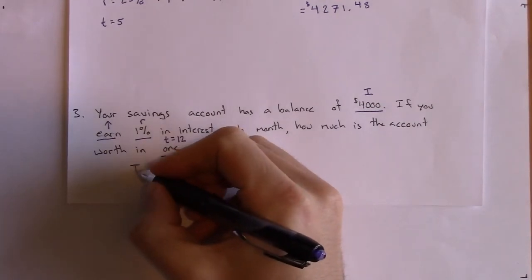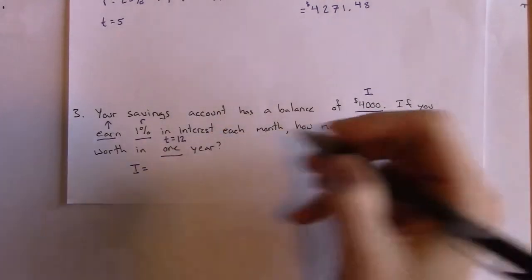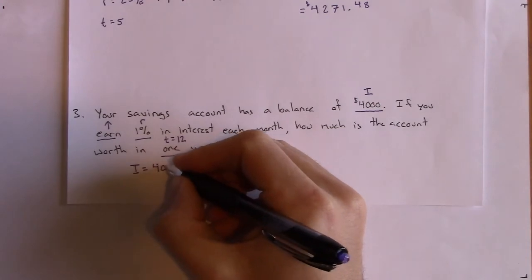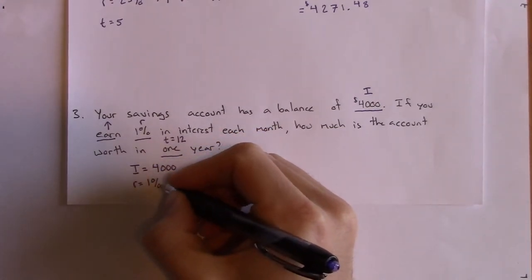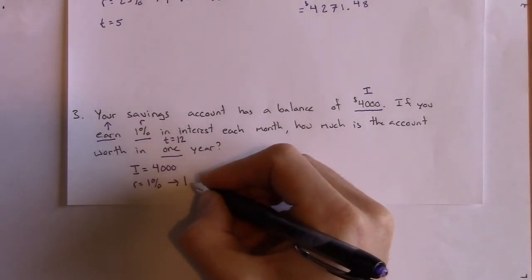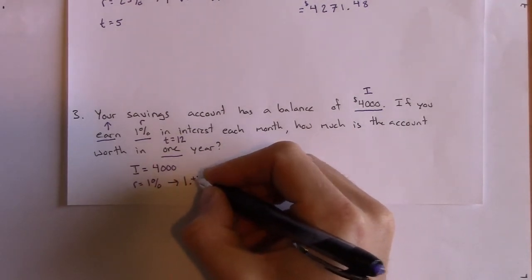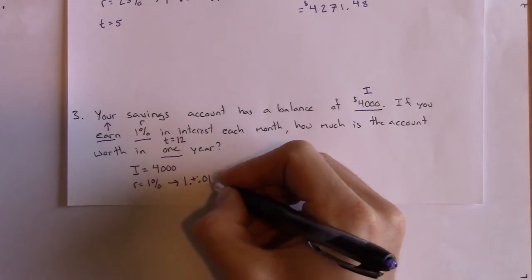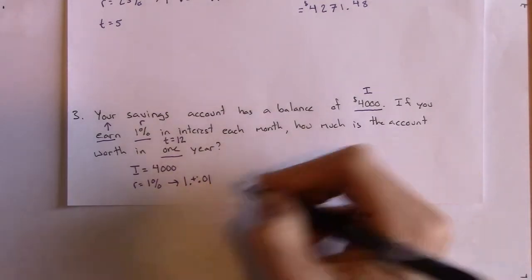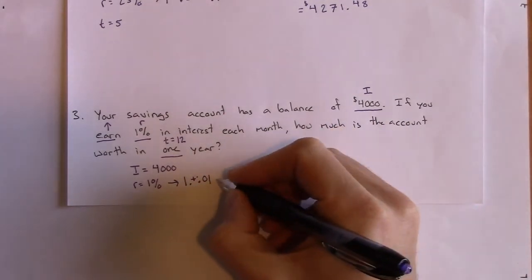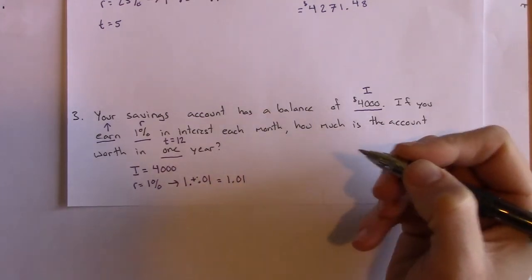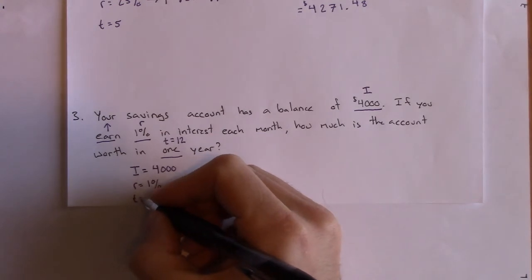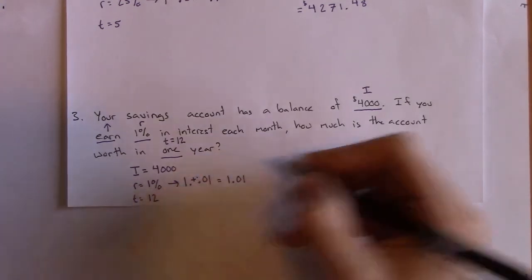So writing that all down, my initial amount is $4,000. My rate is 1%, and I'm earning, which means I'm going to add that decimal to 1. Sorry for the extra decimal point there, I kind of got off a little bit, which means my multiplier is 1.01. And then finally my T is equal to 12.